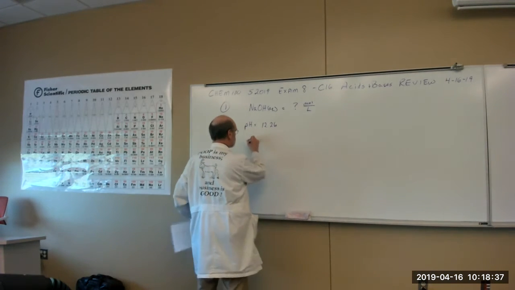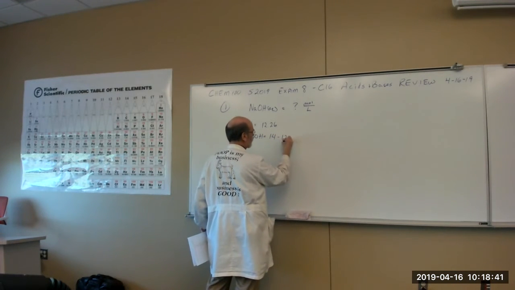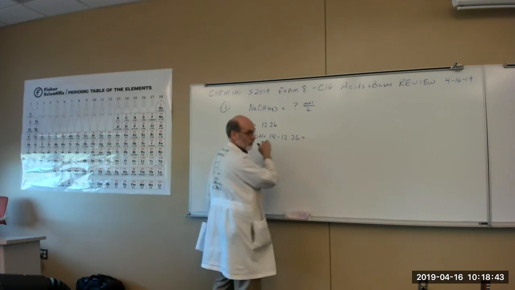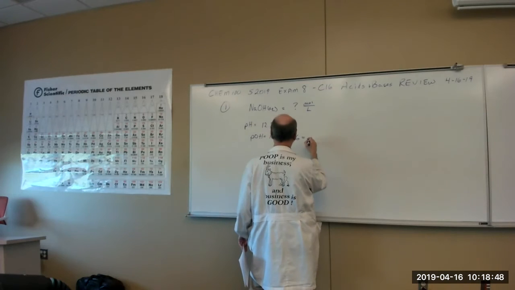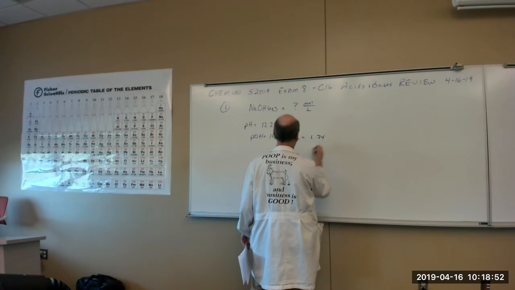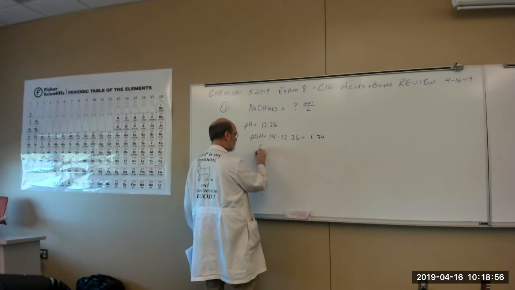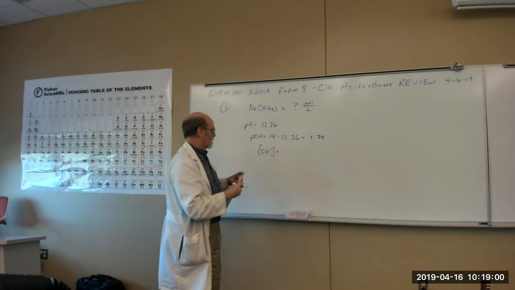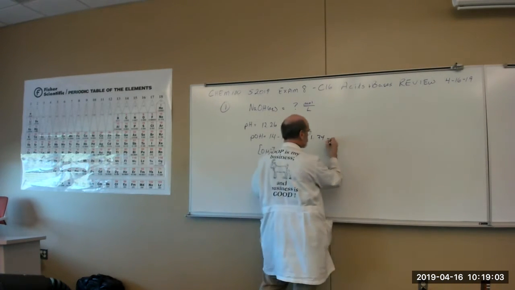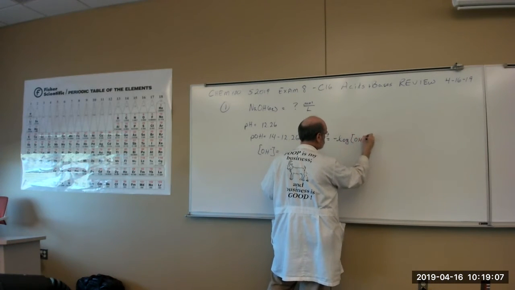So if we say pOH is equal to 14 minus 12.26. Remember that relationship? Okay. So that would be, what? 1.74 is pOH. And then we want to convert that to hydroxyl concentration. So by definition, this is negative log of hydroxyl concentration.